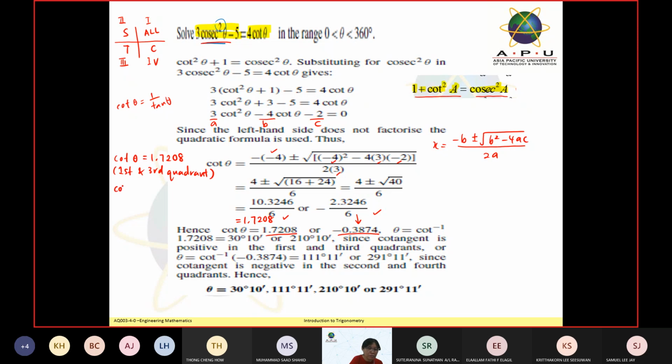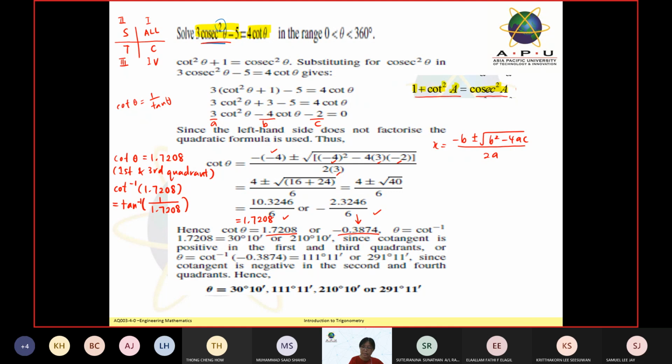First we try to find the arc cotangent of 1.7208. Remember how we find the arc cotangent: your calculator cannot find arc cotangent, but we can find arc tangent of 1 over 1.7208, because cotangent is equal to 1 over tangent. So what is the answer for arc tangent of 1 over 1.7208?